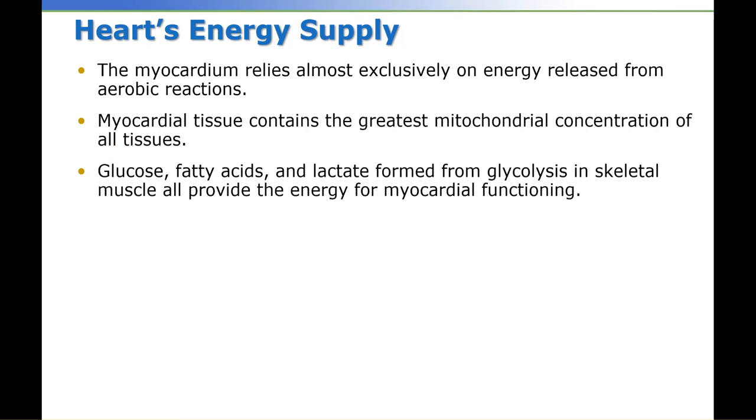Heart's energy supply. The myocardium relies almost exclusively on energy from aerobic reactions. Myocardial tissues contain the greatest mitochondrial concentration of all tissues, and that's not surprising because there's a need for oxygen.